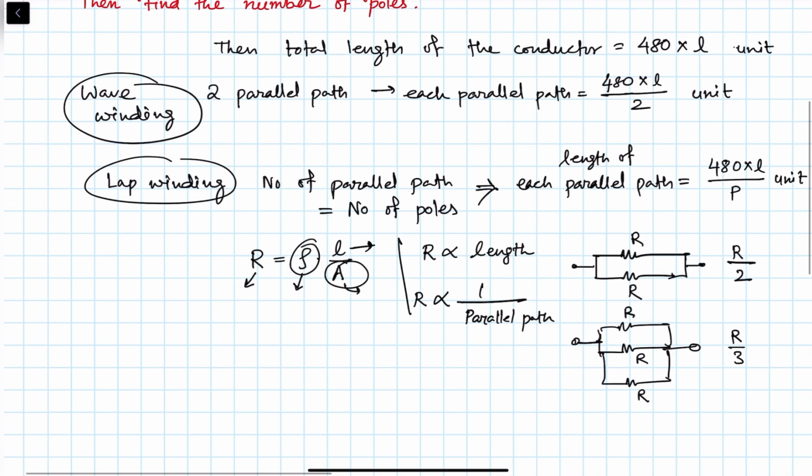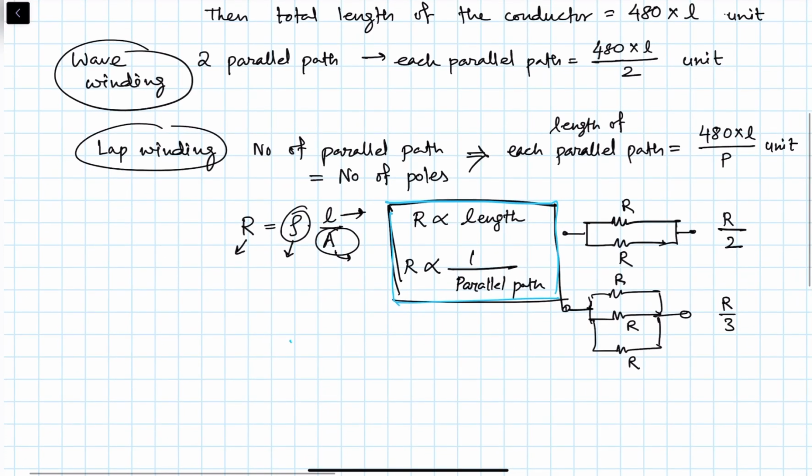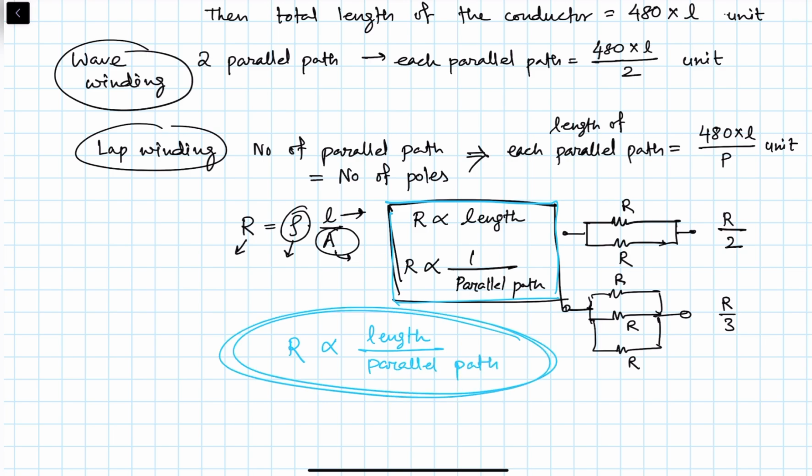If I combine these two relations, we get that resistance R is proportional to the length by parallel path. Now we are going to use this formula in this question.